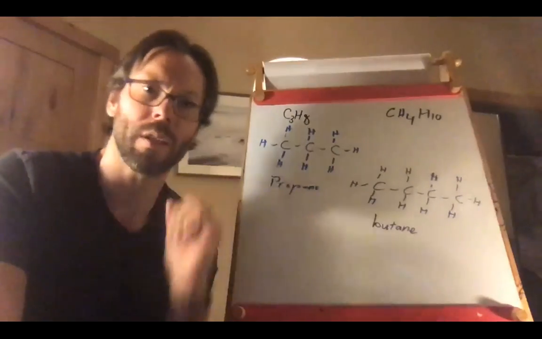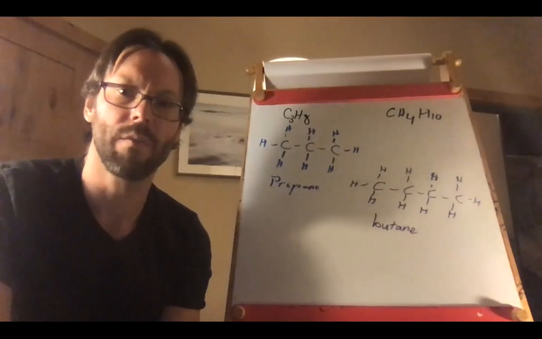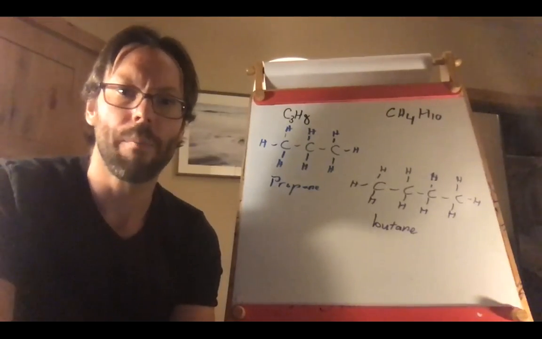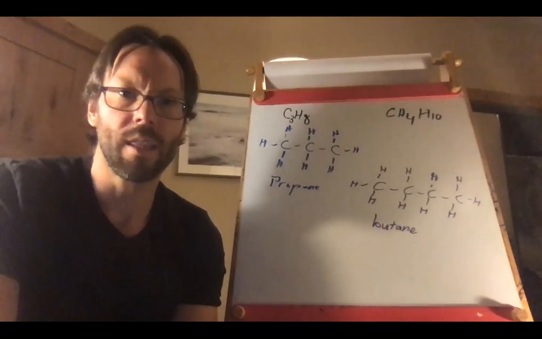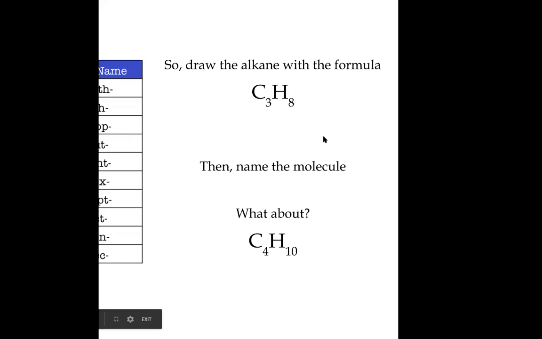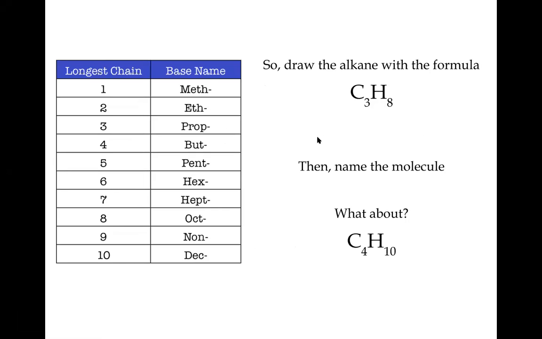This is the simplest versions of the molecules that we'll name in this lecture. But if you get that, we can just expand on it and make it even more complicated and fun.